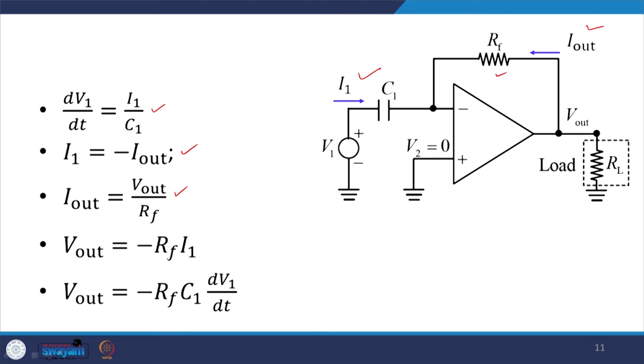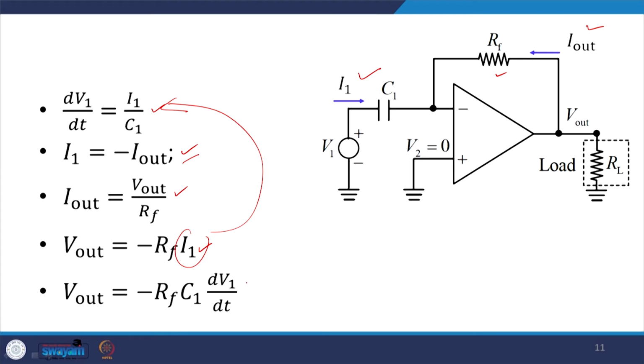So, V out is minus RF I1, I can write after substituting for this one. So, my V out is equal to minus RF, and I1 I can replace from here. So, that is C1 dV1 by dt.